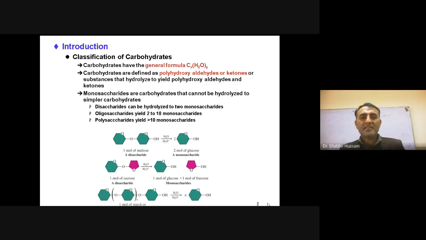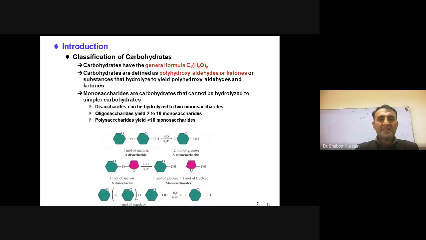As I have already discussed, when we classify carbohydrates on the basis of hydrolysis, there are three types: monosaccharides, oligosaccharides, and polysaccharides, right?